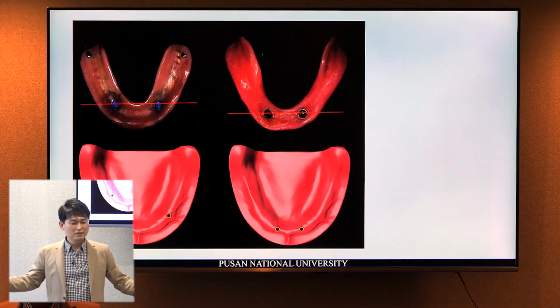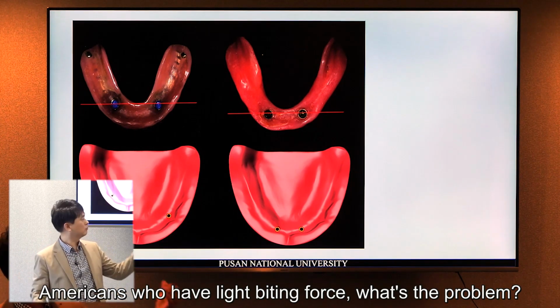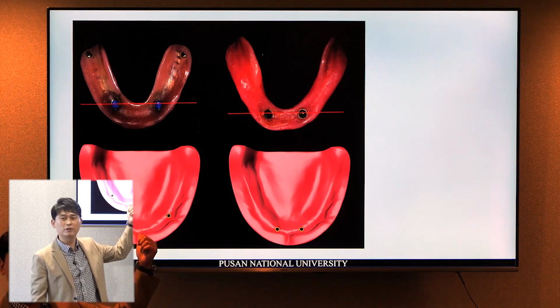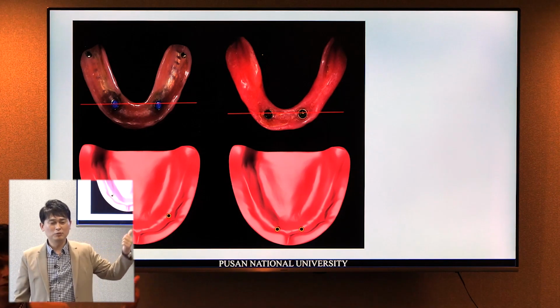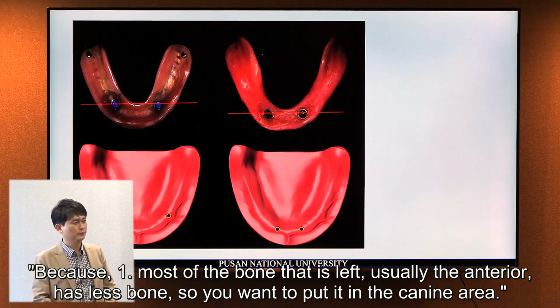But in the USA, for people who have a right biting pulse, what's the problem? This is okay. Because most of the remaining bone is there, as usually the anterior has less bone, so you kind of want to put it on the canine area.